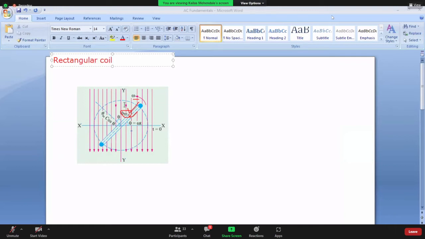Coil having N turns rotating in a magnetic field.